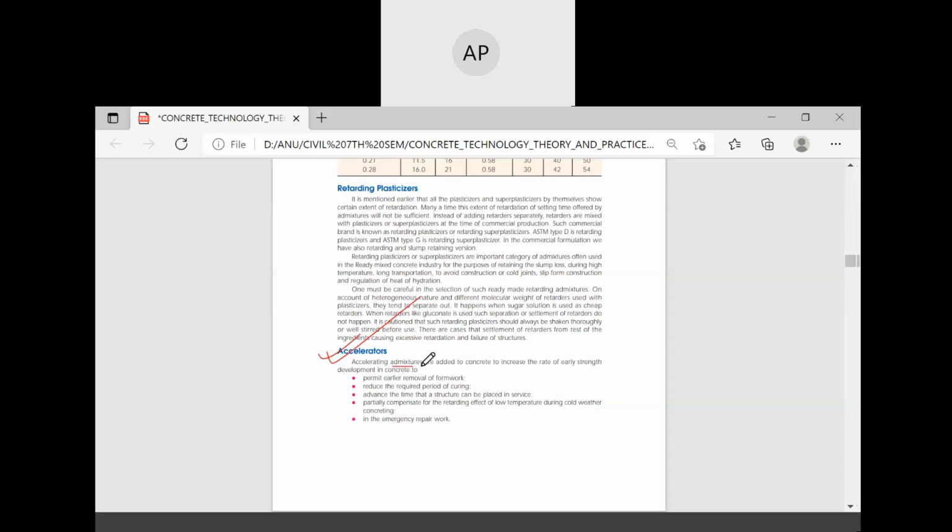Accelerating admixtures are added to concrete to increase the rate of early strength development, to permit earlier removal of formwork, to reduce the required period of curing, to advance the time that a structure can be placed in service, and to partially compensate for the retarding effects of low temperature during cold weather and in emergency repair work. So in repair work, we use accelerators.